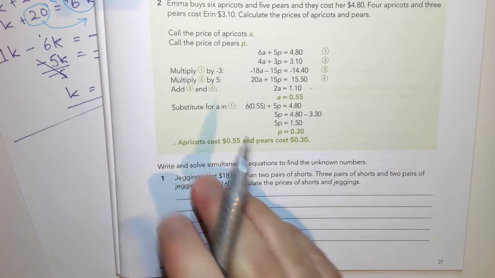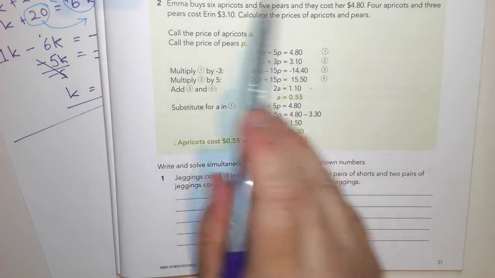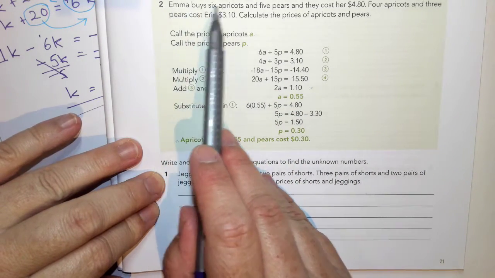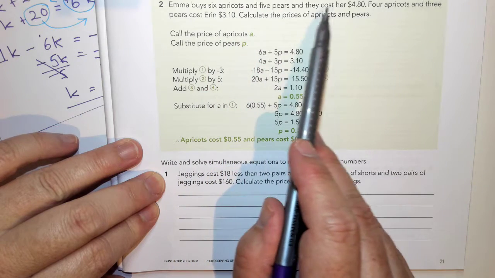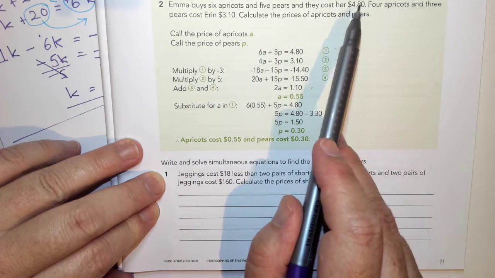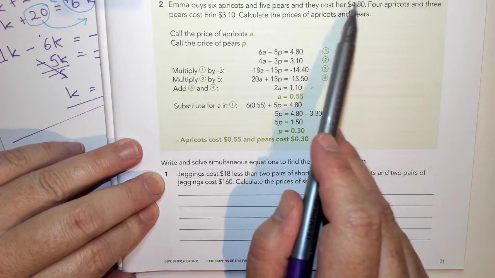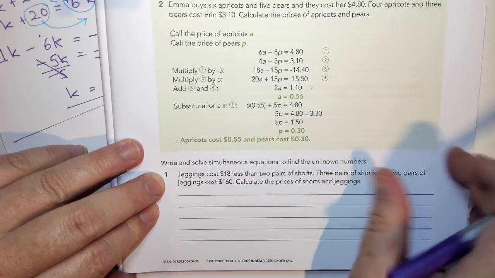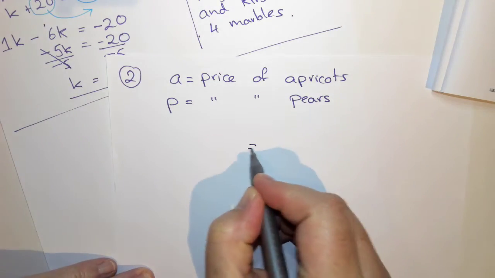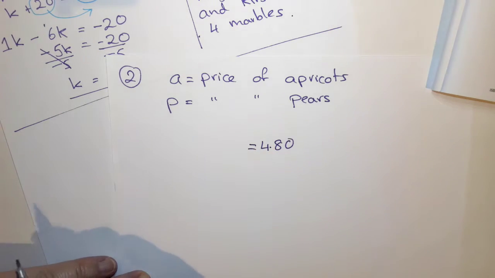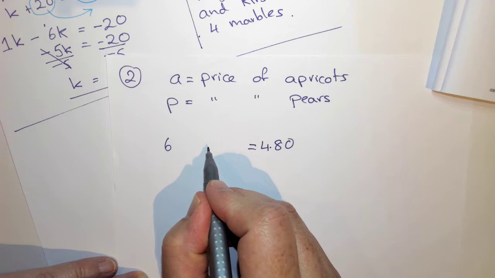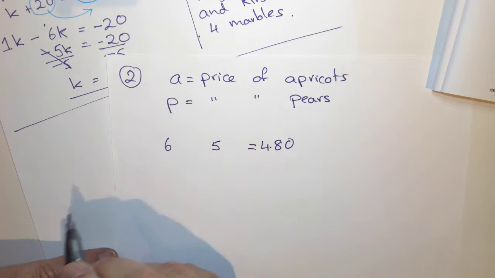Now I'm going to have a look and say, okay, now I need to convert these sentences into an equation. So she tells us that if Emma buys 6 apricots and 5 pears, then that'll cost her $4.80. Okay, so that's the total. In total, all these apricots and pears together will cost $4.80. So I know I'm going to have an equation that says equals $4.80. I also know that I'm talking about 6 apricots and I'm talking about 5 pears.